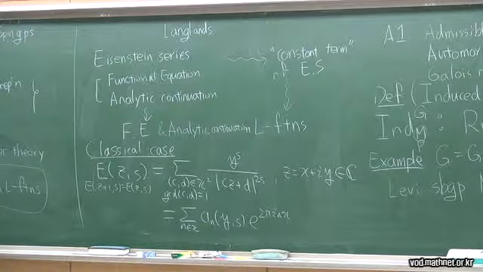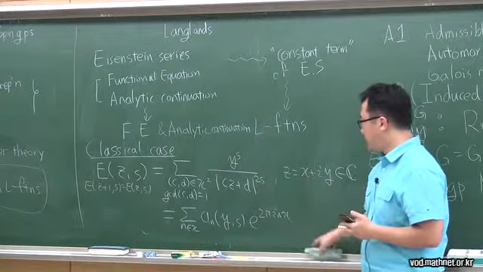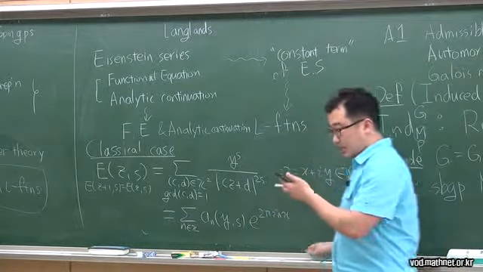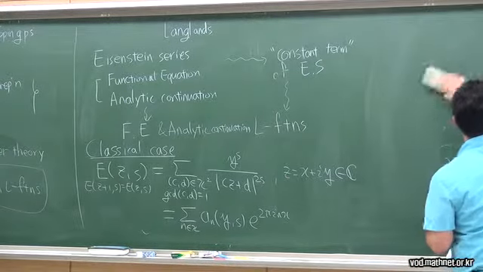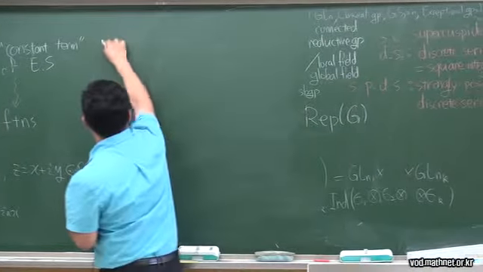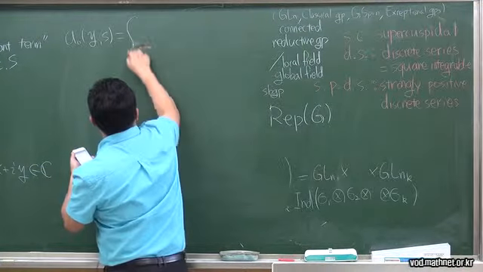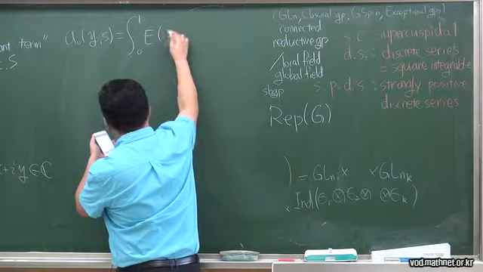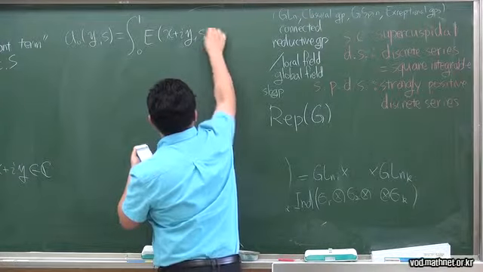Okay. And if you calculate the constant term of this Eisenstein series, meaning a_0(y, s), it becomes the integral from 0 to 1 of the Eisenstein series E(x plus iy, s) dx.